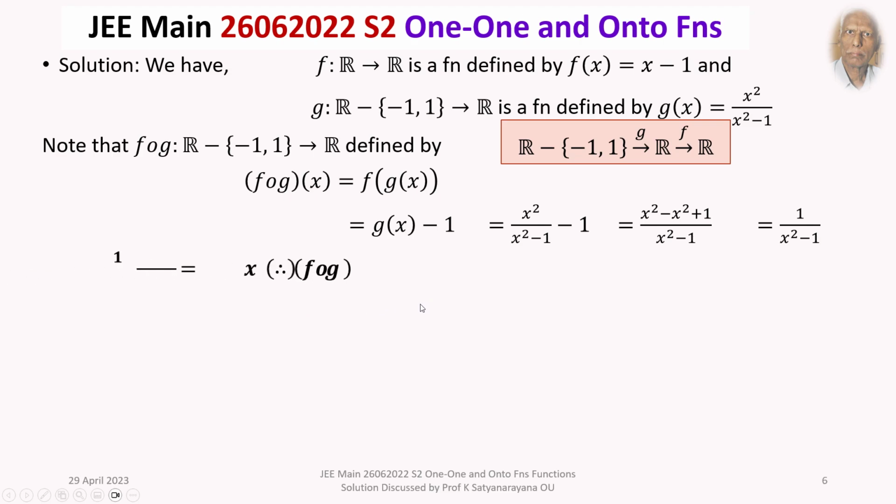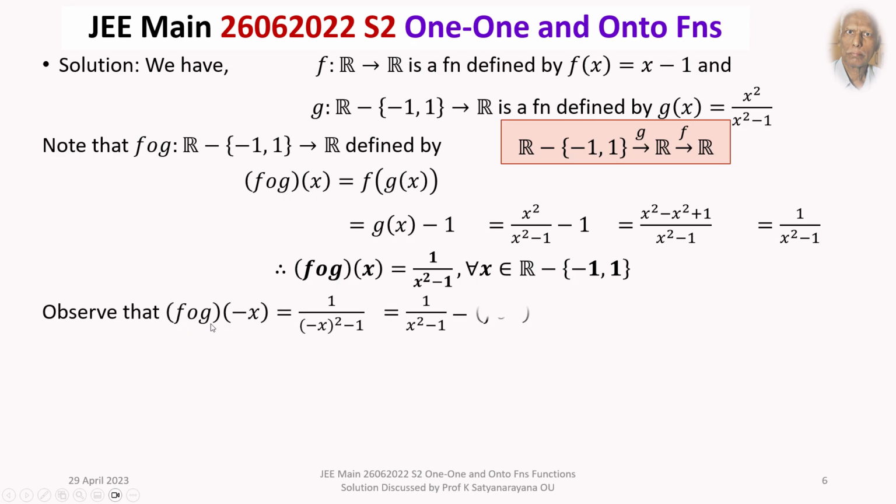Thus f compose g of x is equal to 1 by x square minus 1 for all x belongs to R minus the set consisting of minus 1 and 1. So the domain of f compose g is R minus the set consisting of minus 1 and 1, and the codomain is R.